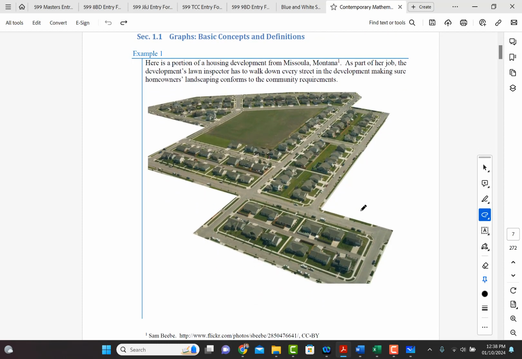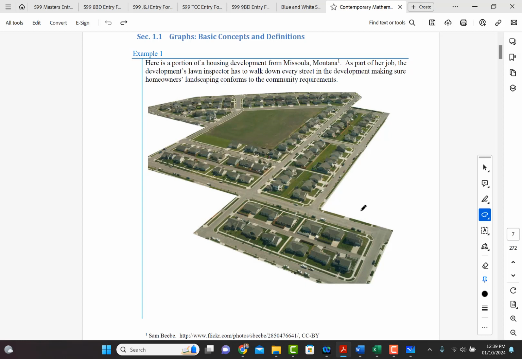Here is a portion of a housing development from Missoula, Montana. As part of our job, the development's lawn inspector has to walk down every street in the development, making sure homeowners' landscaping conforms to the community requirements.